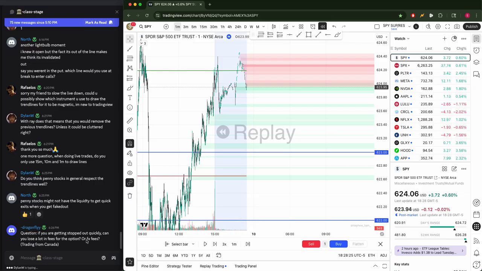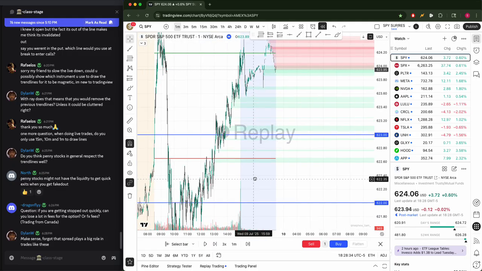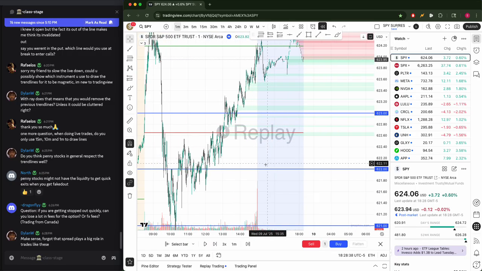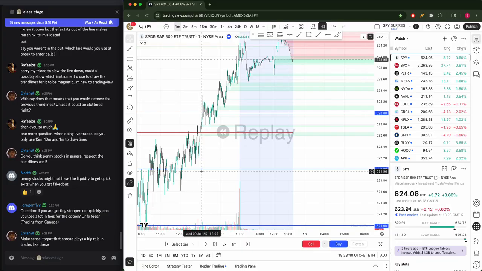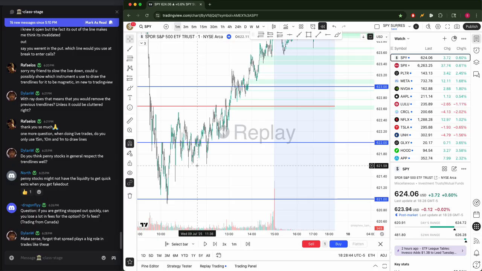Question from Dragonfly. If you are getting stopped out quickly, can you lose a lot in fees for the option or trading fees? Okay, so if you're getting stopped, it depends on what your broker is. Some brokers have free option trading. I use Thinkorswim and it charges 65 cents for each option trade.